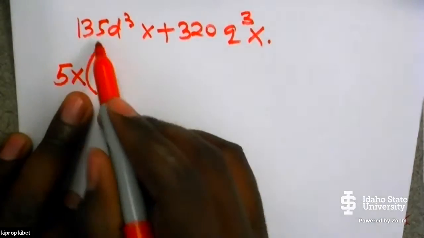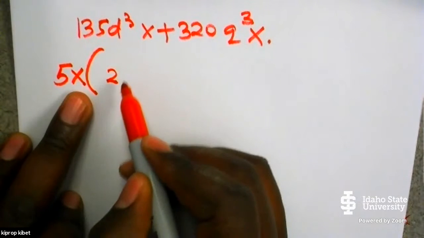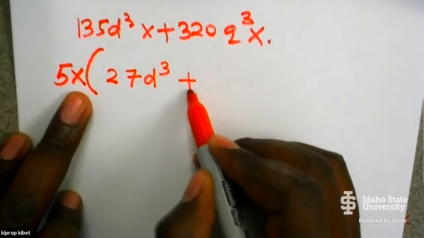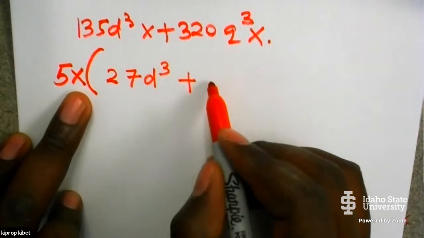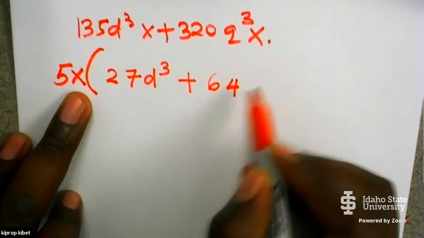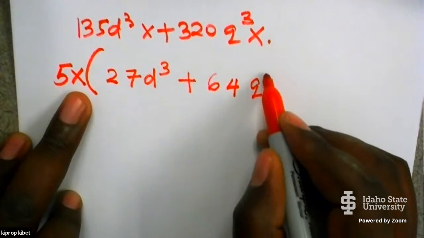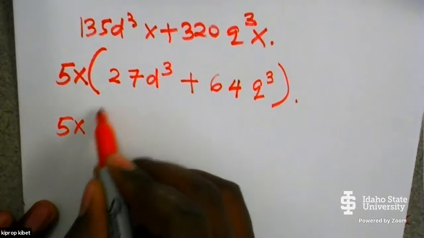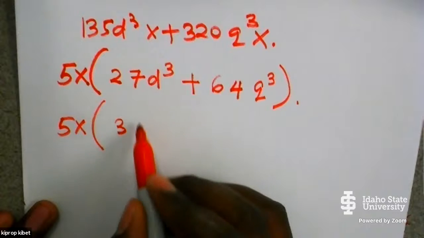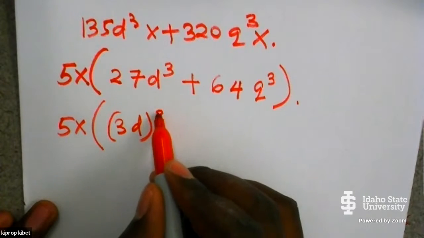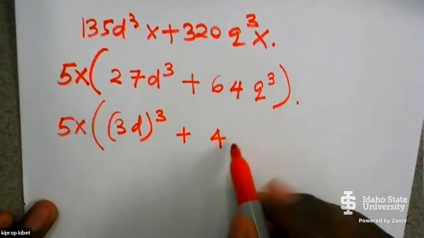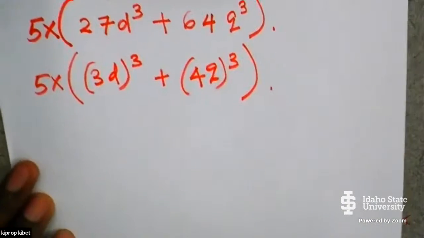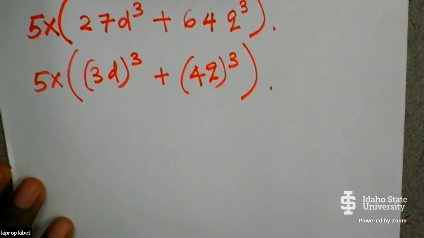This is 27d cubed plus 64. So 5x times 3d, cubed, plus 4 cubed. This is like number 1, right?